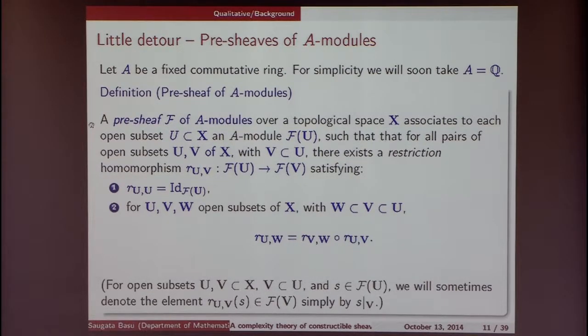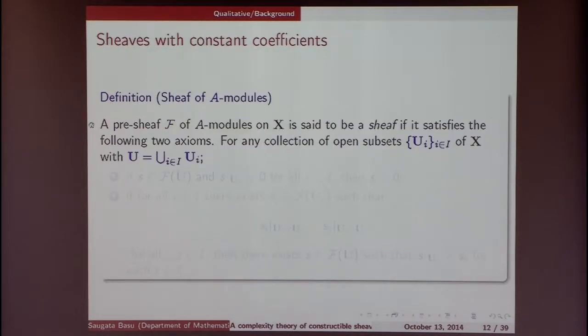By the way, these elements of F of U are also called sections, and that refers to the right picture in the first slide. If you think of the constant sheaves where all these modules are just one-dimensional vector spaces, then that corresponds to sections, and for each section s in F of U, we'll sometimes denote the restriction to a subset V by s restricted to V. And so that's a definition of a pre-sheaf.